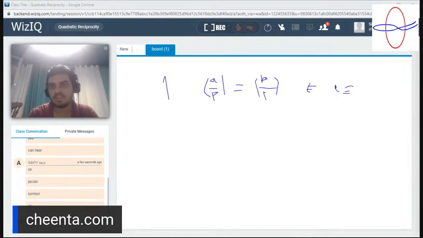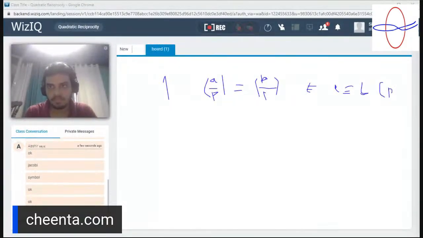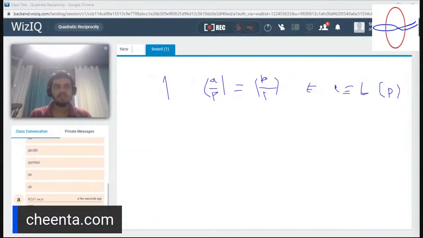I hope this is directly visible, because if a is congruent to b, then if you have something satisfying x squared congruent to a mod p, then the same number will satisfy the equation x squared congruent to b mod p. Right, so this is just direct.